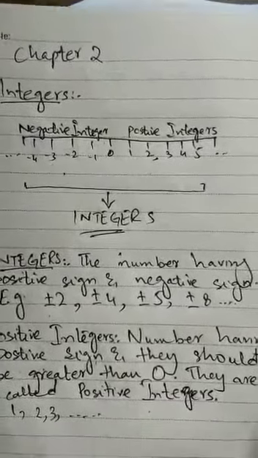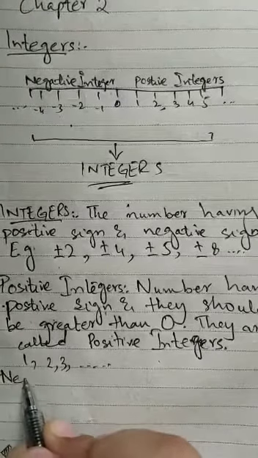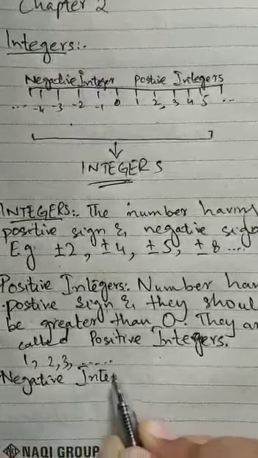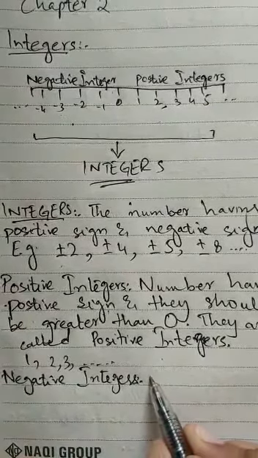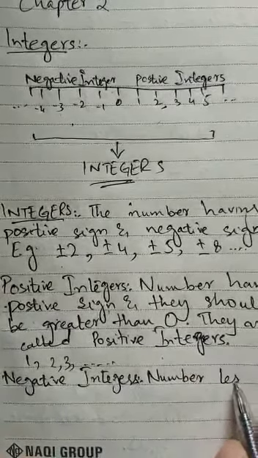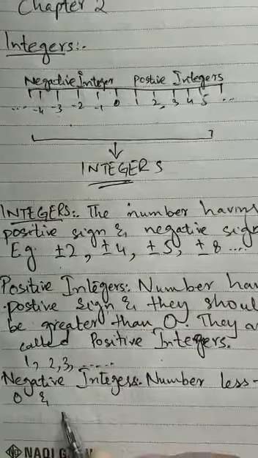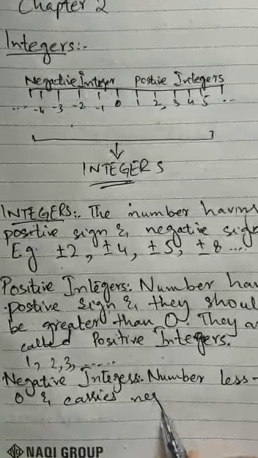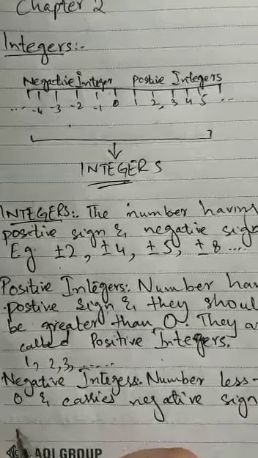Now we are moving to negative integers. Negative integers are the numbers less than 0 and carry a negative sign with them.